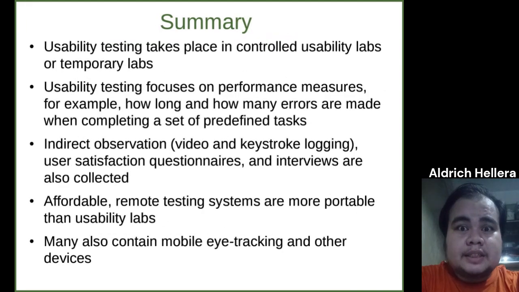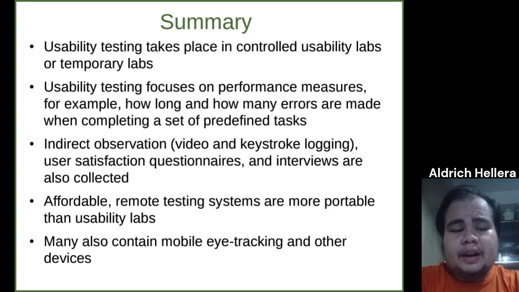Now, for the summary of chapter 15. Usability testing takes place in controlled usability labs or temporary labs. It focuses on performance measures, for example, how long it takes and how many errors are made when completing a set of predefined tasks.